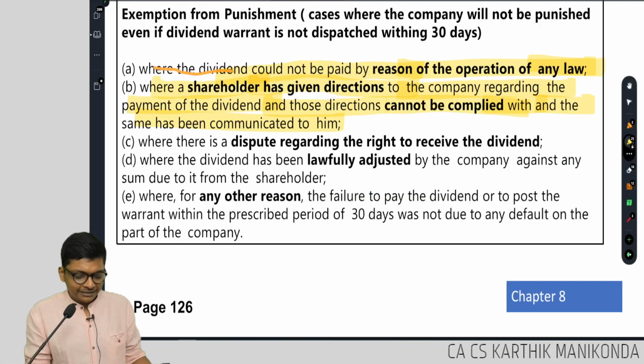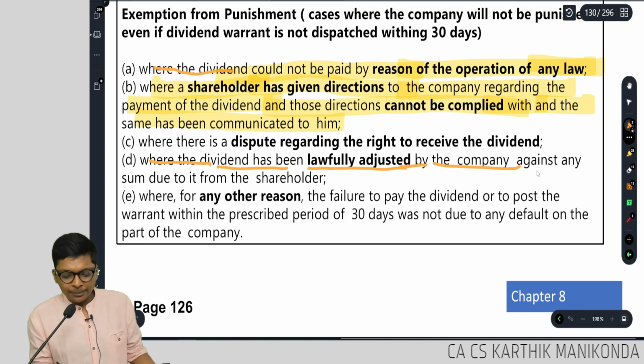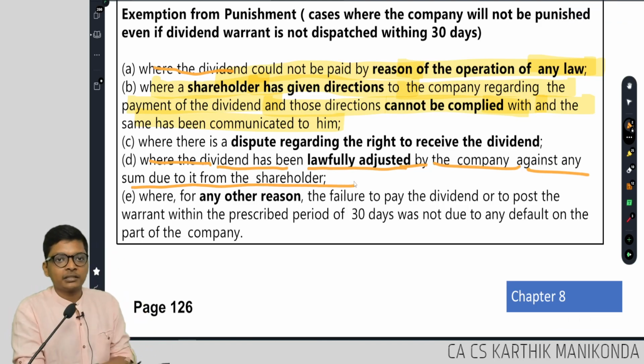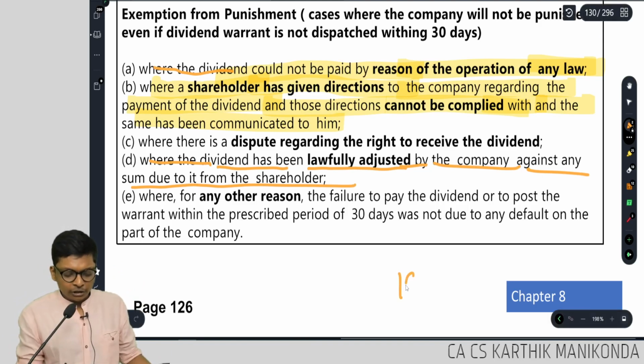No. That is the next exception. Look at this. Where the dividend has been lawfully adjusted by the company against any sum due to it from the shareholder. For example, calls in arrears. Are you all following, guys? Clear? One more exception, we saw 126.